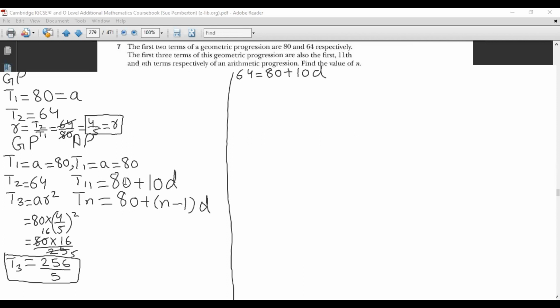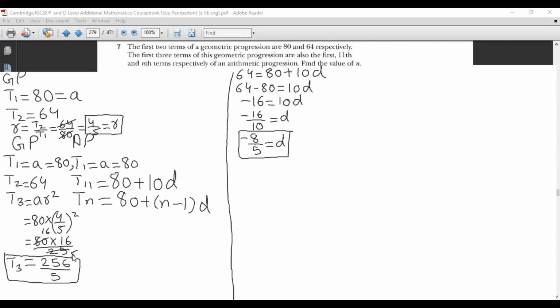First I have compared T2 with T11. So 64 minus 80 equals 10D, which gives minus 8 over 5 equals D. This is the value of D I'm getting.